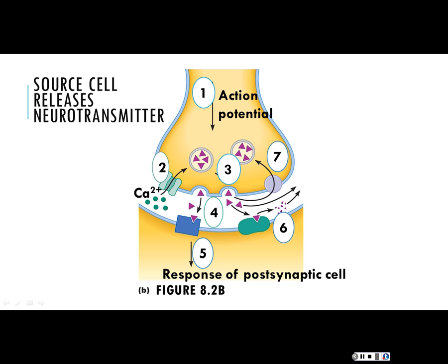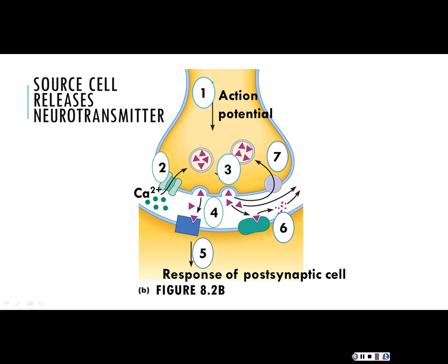Yeah, the message comes, tells the postsynaptic cell what to do, and then the messenger has to be taken away. Otherwise, the postsynaptic cell would be falsely overstimulated. If that neurotransmitter hung around, it might overstimulate the postsynaptic cell longer than it needs to be.